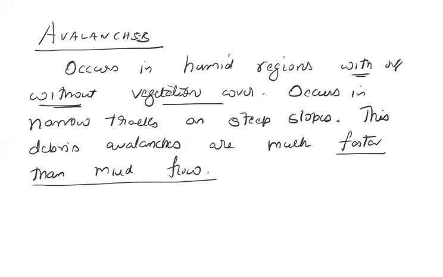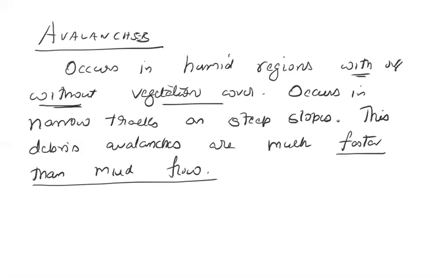So again a question, as I said in the last class: the fastest of the rapid movements is avalanches, among avalanche, mud flow and earth flow. But the most destructive is mud flow, even though it's slower than avalanches. Why? Because mud flow usually happens where human habitations are.